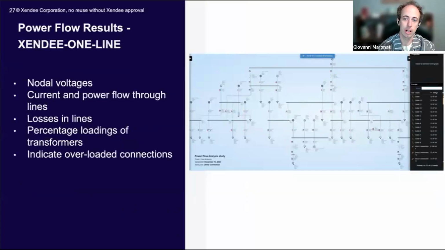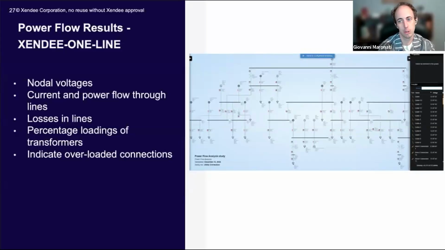So here, basically, you run snapshot power flow. This is not tied to the optimization. It's just a detailed electrical evaluation. So you can change the delta-Y configurations, choose any slack buses, and import dispatch from Xendee multi-node. So you import a certain hourly dispatch, and then you run the analysis for that specific hour.